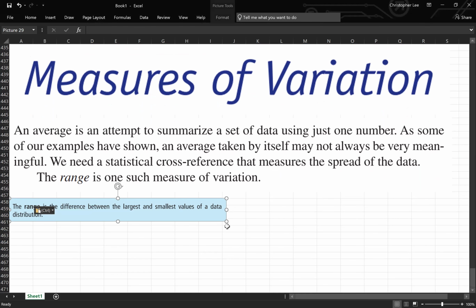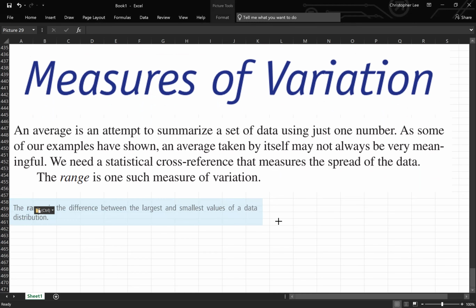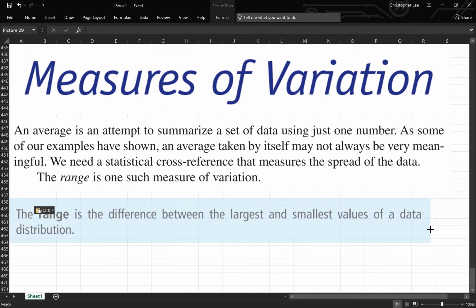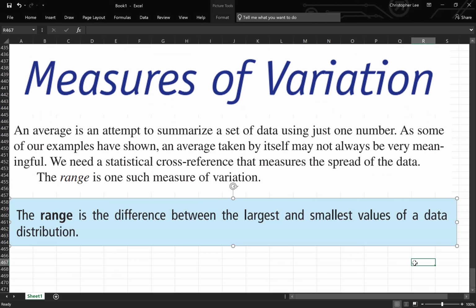So the range is the difference between the largest and smallest values of a data distribution. I don't believe this is going to be asked in your test, but on the formula sheet, chapter 3, range is right here.